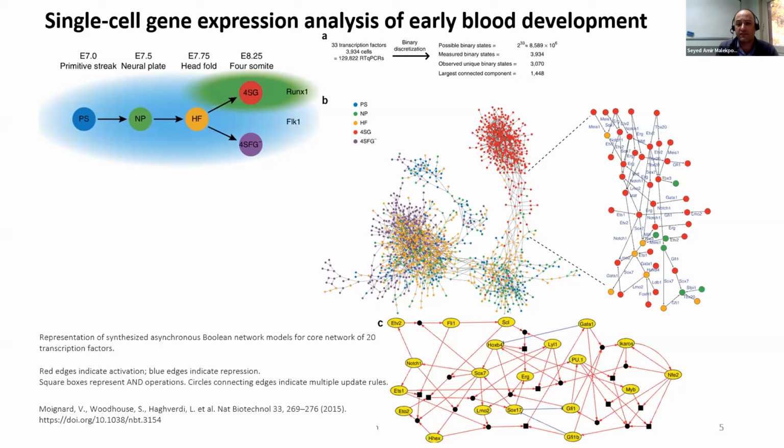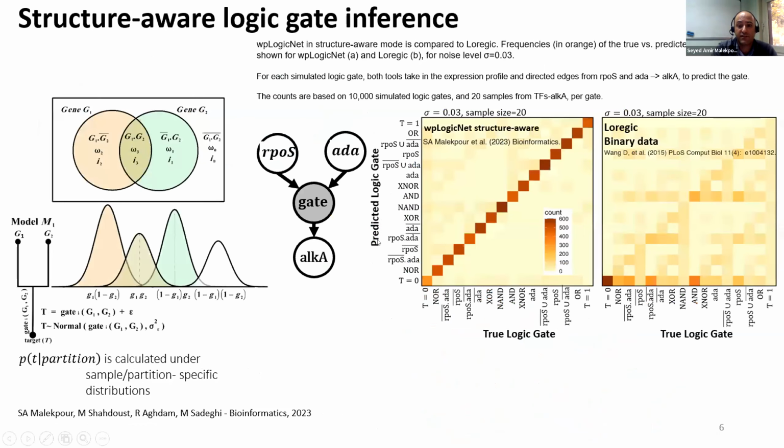And in this talk, I want to reconstruct the network using gene expression data, but to have a more reliable network inference, I will use single cell ATAC-seq data and TF binding motifs. This is a model that we have recently proposed for logic inference for 2 genes or TFs that are regulating a target.